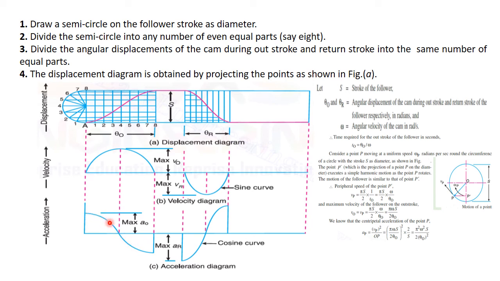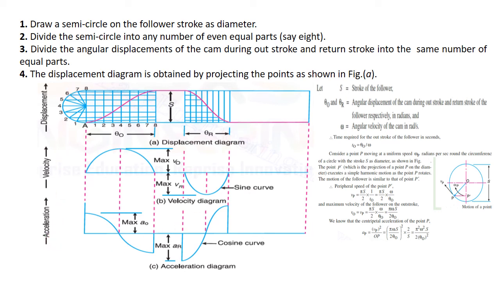The nature of this curve will be cosine, therefore we can say that the velocity diagram for a follower is a sine curve and the acceleration is a cosine curve. Sine and cosine curves come into the category of simple harmonic motion.